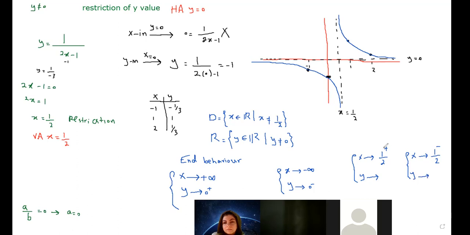See, 1/2, right? If your X is getting to 1/2 from the right side, your Y, you have to look at this side of the graph, right? Your graph goes very high. It's like positive infinity, right?